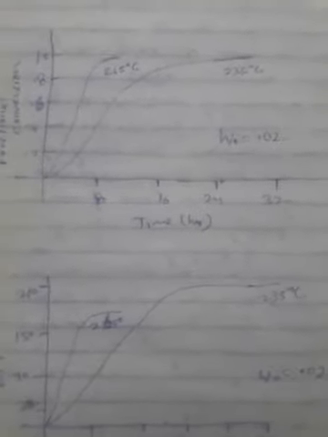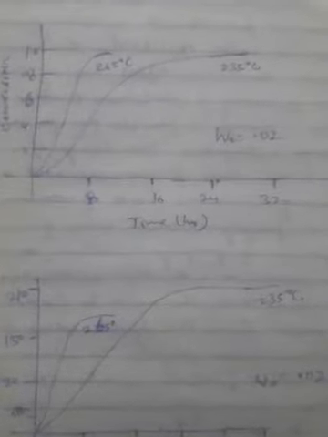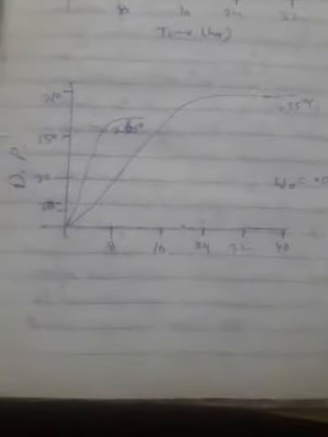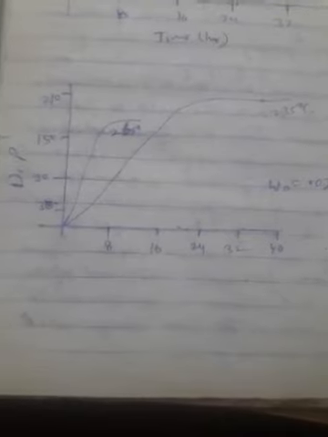And at low temperature more time is required, about 24 hours or more, for complete conversion of caprolactam to nylon 6 polymer. And similarly for the degree of polymerization of the resultant polymer, at high temperature, no doubt the rate is fast and within less time, but the DP remains low.